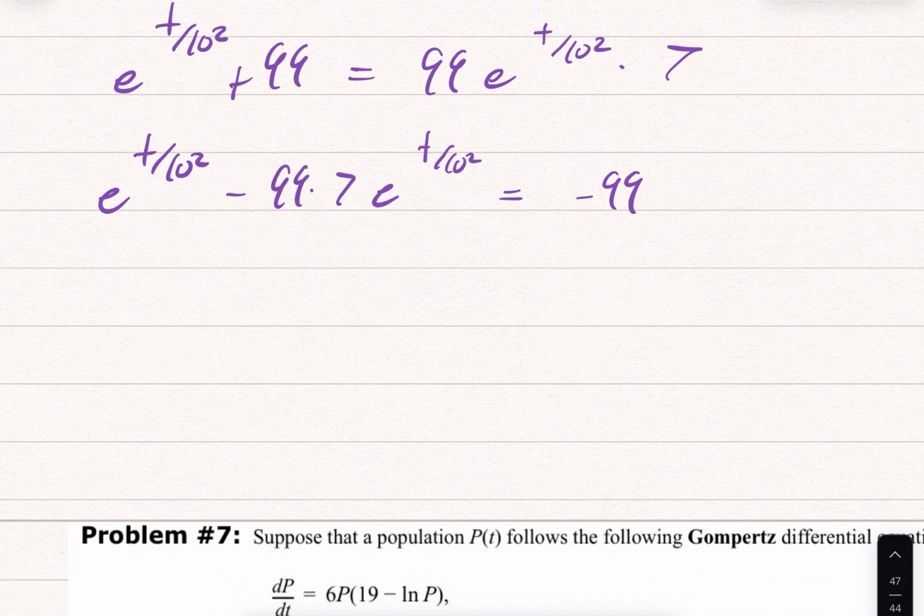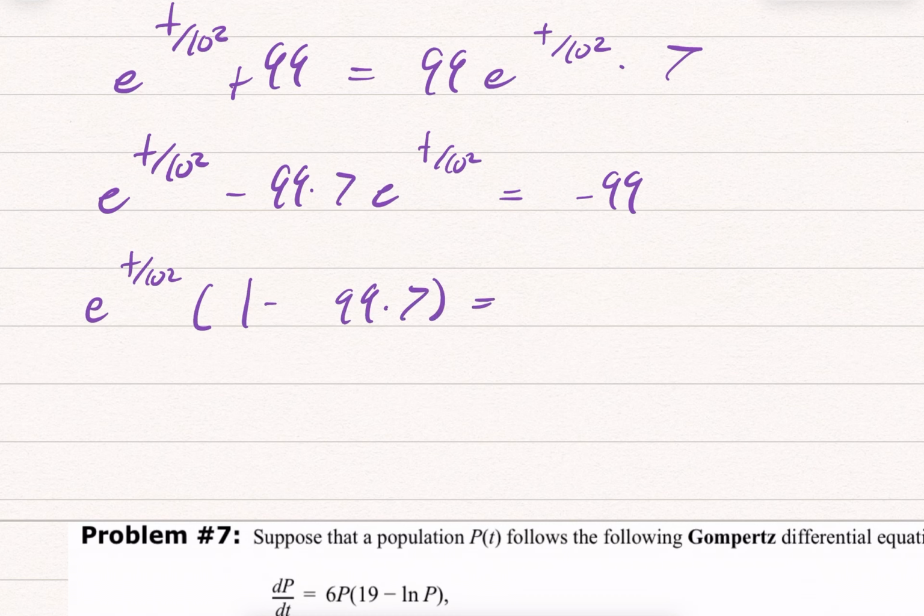Then factor this thing out: 1 minus 99 times 7 equals negative 99. Then I get 99 over 692, I believe it was.